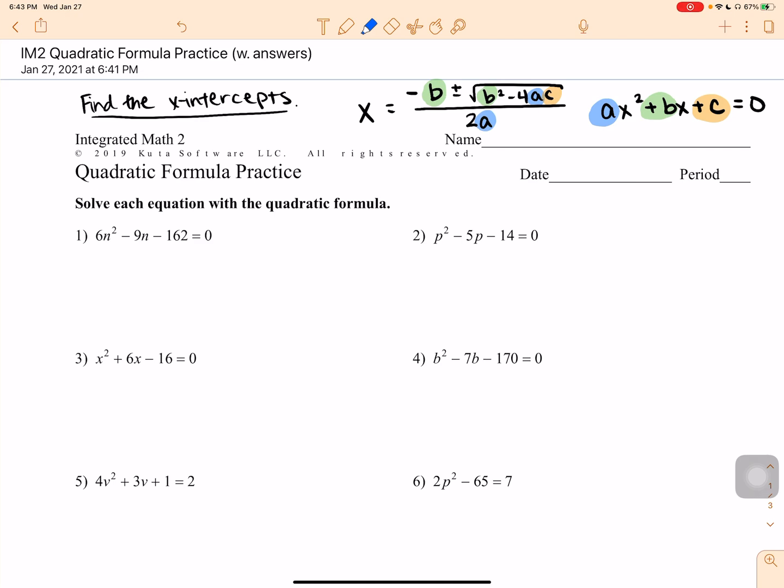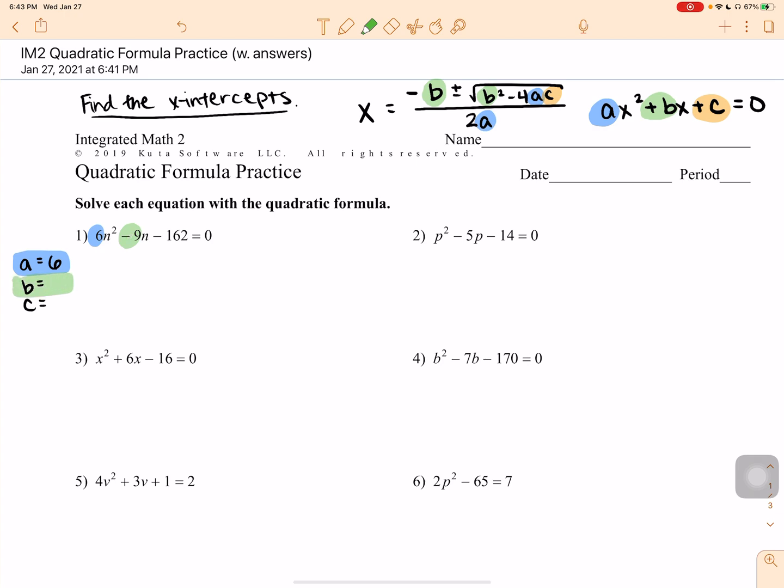So before we get started, I need to emphasize that your first step is to always solve for a, b, and c. Okay, so I'm going to start highlighting. I see here in my equation, my a is 6. Okay, so a here is going to be 6. My b is negative 9.